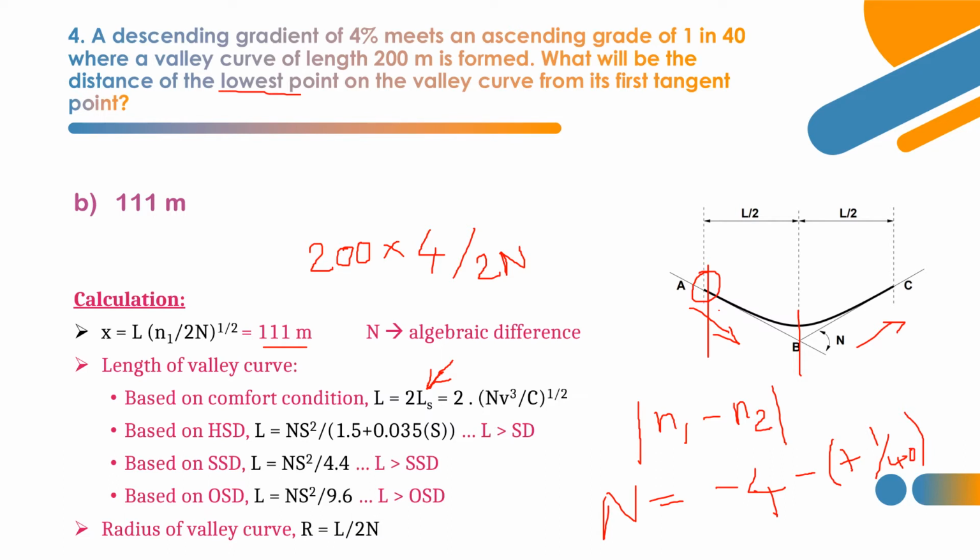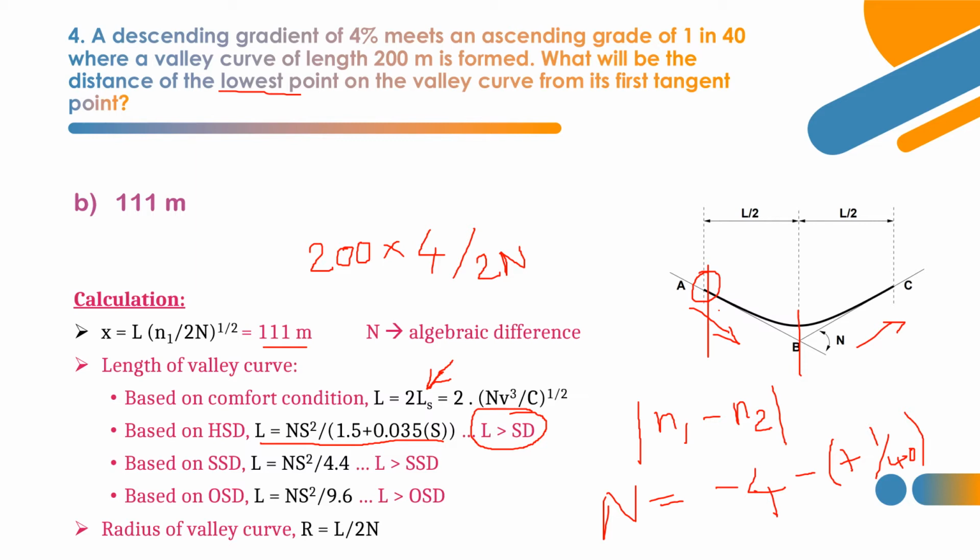Based on HSD, L is equal to NS square by 1.5 plus 0.035 S. S is nothing but sight distance. This is only when the length of the valley curve is greater than the sight distance.